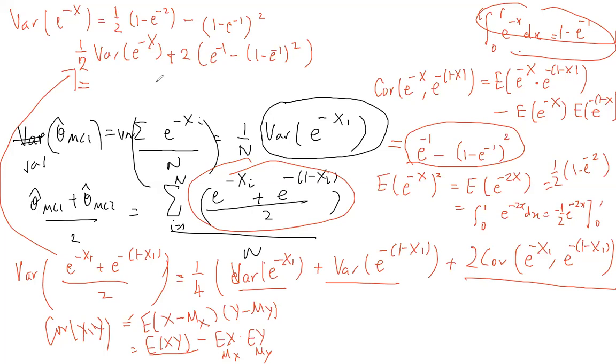So you plug in the value, so that is over here, this one, right? Okay, so plug in this one, it becomes 1/4 this plus this thing, okay?